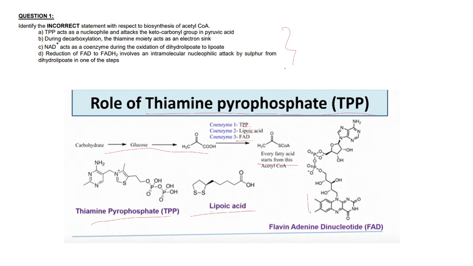This is a flavin group, this is adenine, and this is the dinucleotide of that: FAD. It is asking that TPP acts as a nucleophile and attacks the ketocarbonyl group in pyruvic acid. So how do these three coenzymes get involved in synthesis, and what is the mechanism?